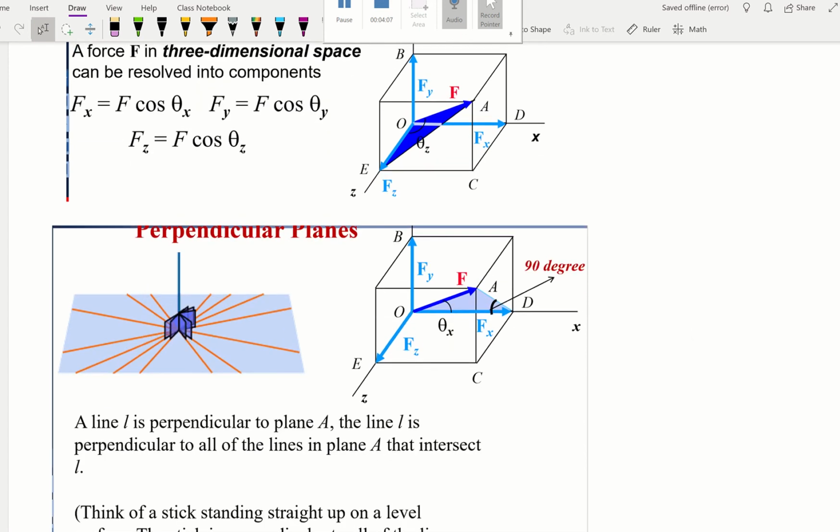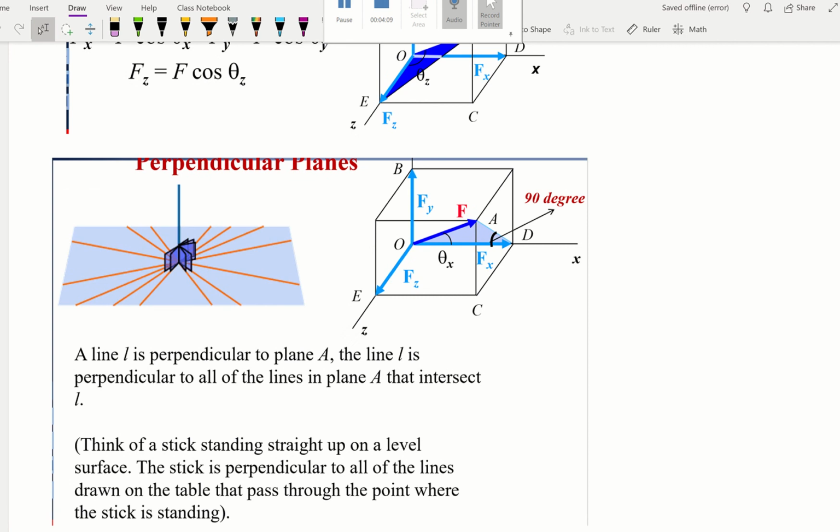So let's go back to this one, perpendicular plane. If I have a line, line L here, that is perpendicular to this plane A, and then on this plane A there are many rays coming out, I will say this line is going to be perpendicular to all those orange lines. Do you agree with me on that? If that is true, then we're going to think about this scenario.